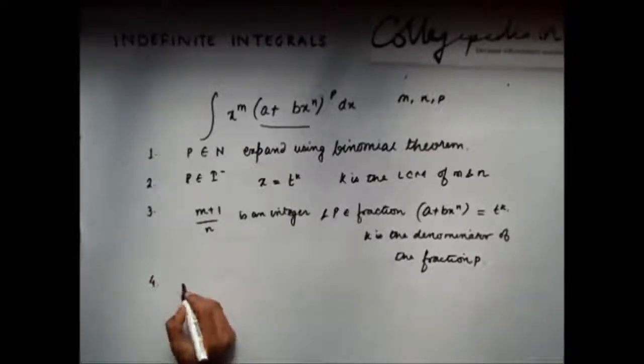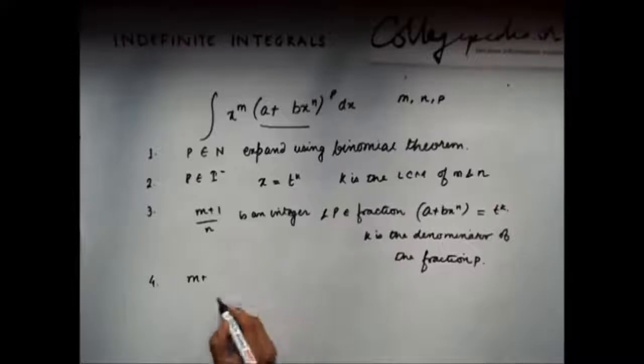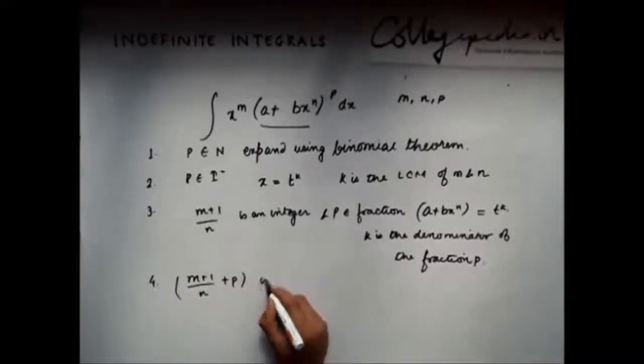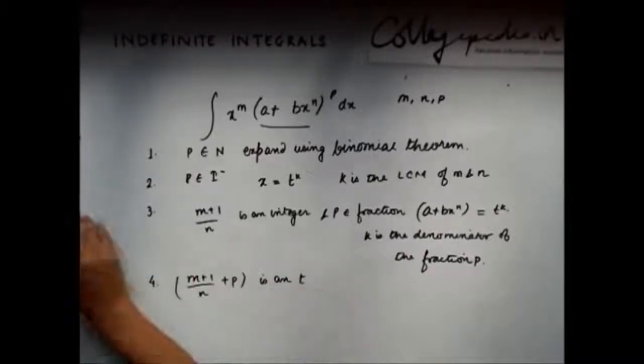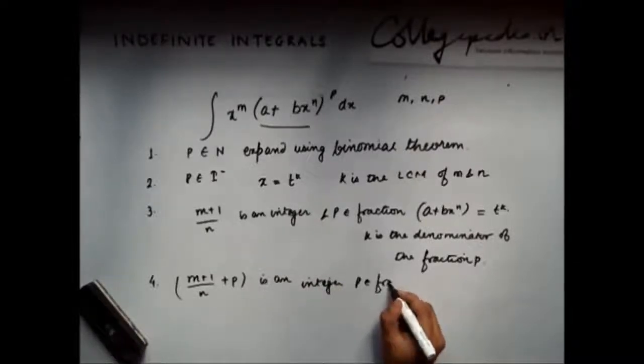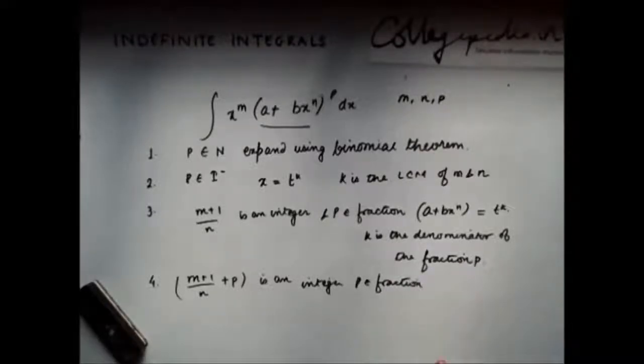The fourth case is when (m plus 1) by n plus p is an integer and p is a fraction. In that case, we write a plus bx to the power n as t to the power k into x to the power n, where k is again the denominator of the fraction p.